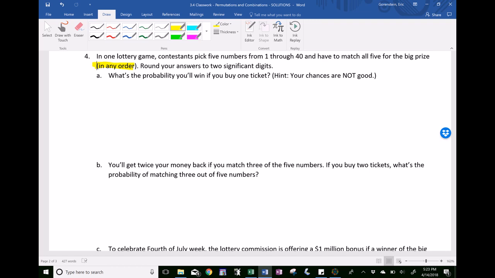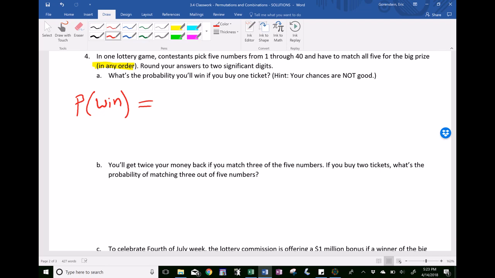So what's the probability that you will win? Okay, so probability of a win. By definition, this is the number of ways you could win divided by the total number of ways you could play. Question is, how many ways can you win? Well, a winning ticket has to consist of all 5 of the correct numbers, so there's only one winning ticket.